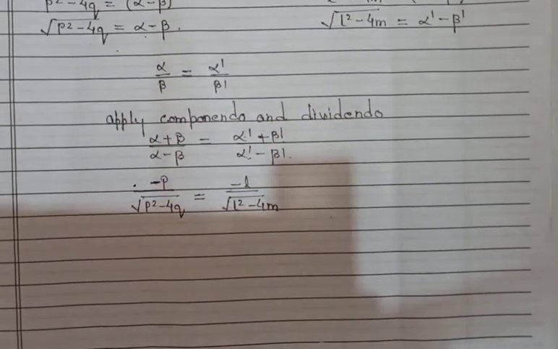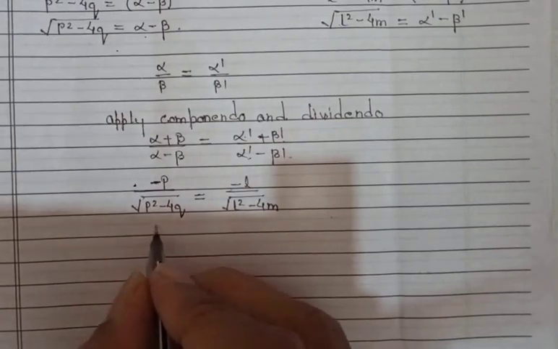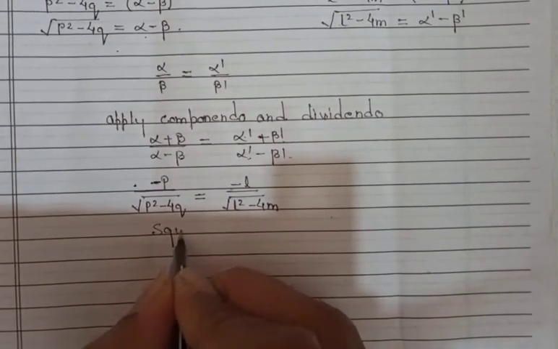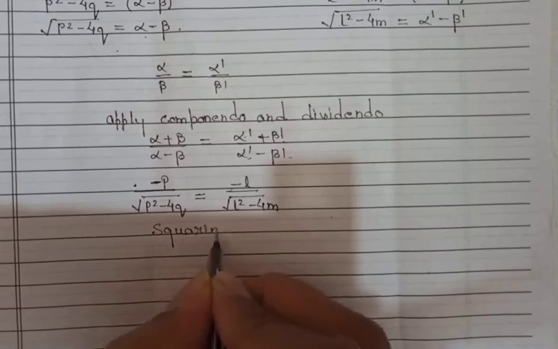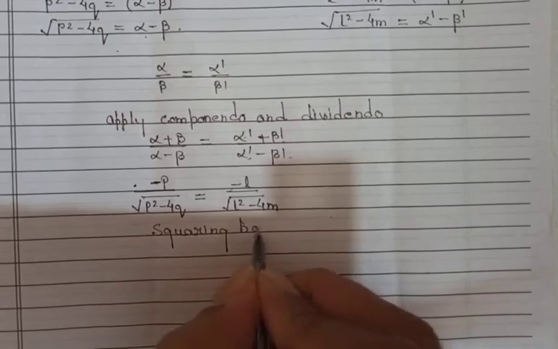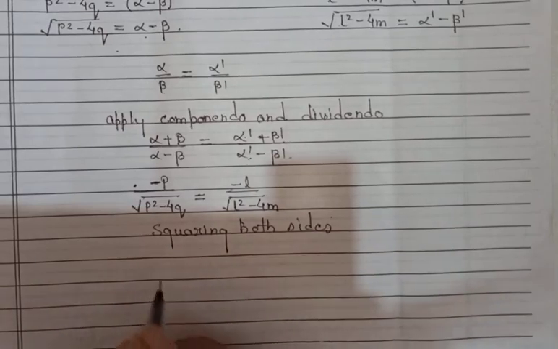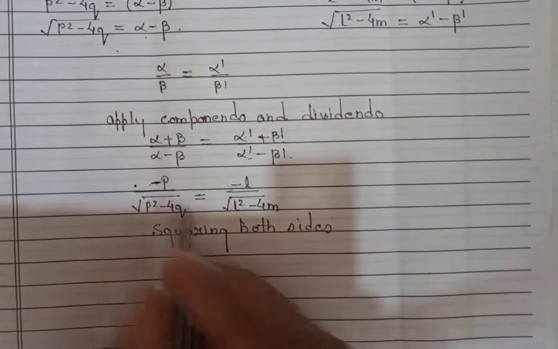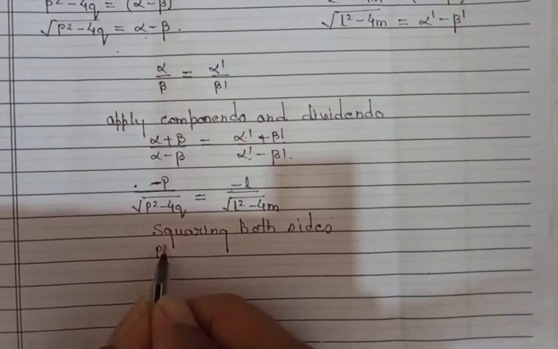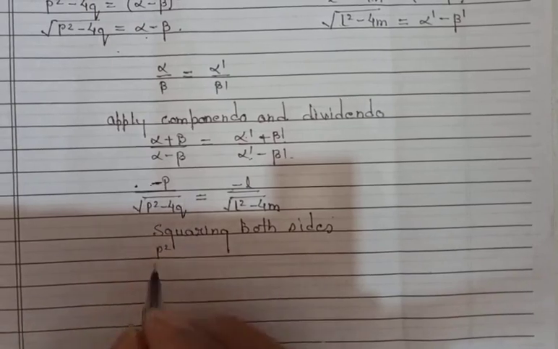Now what we will be doing next, we will be squaring both the sides. So let's square both the sides. So when we square, we will be getting on the left side p square upon p square minus 4q, as the under root will cancel out.